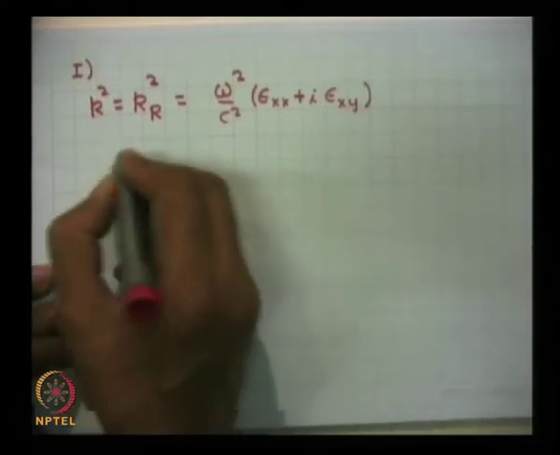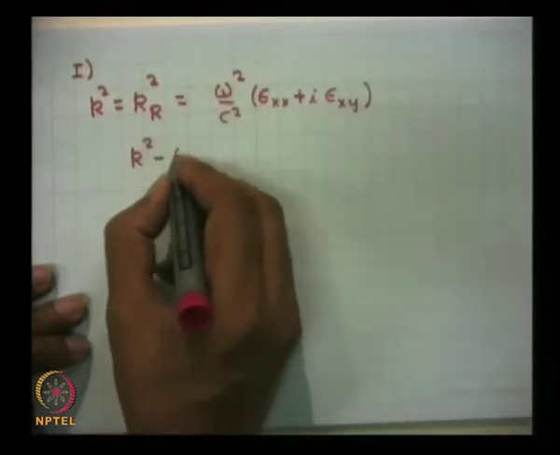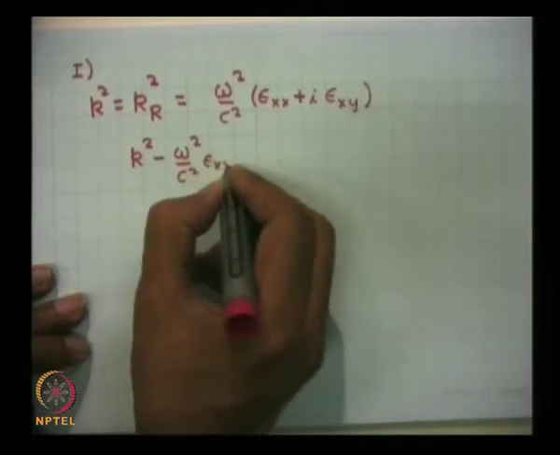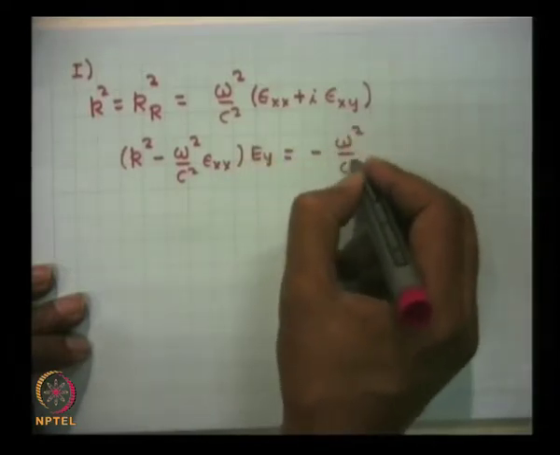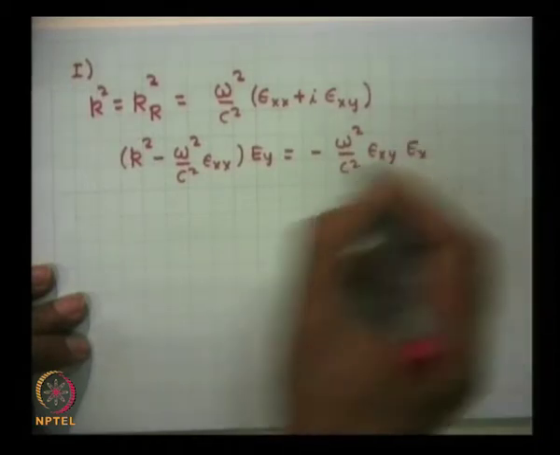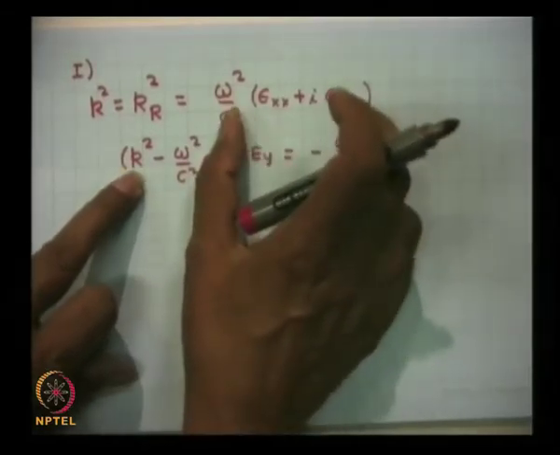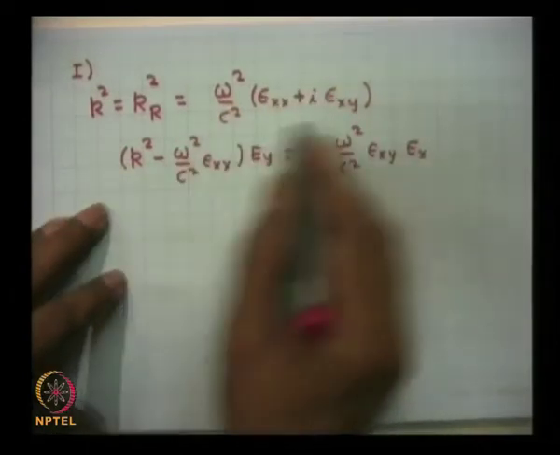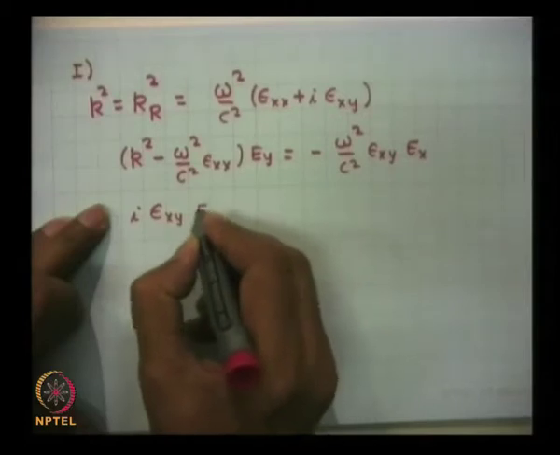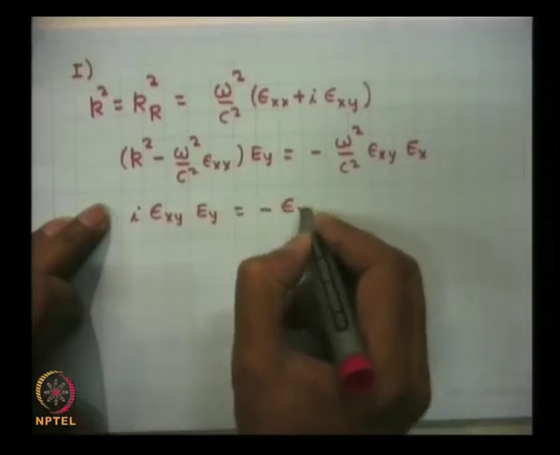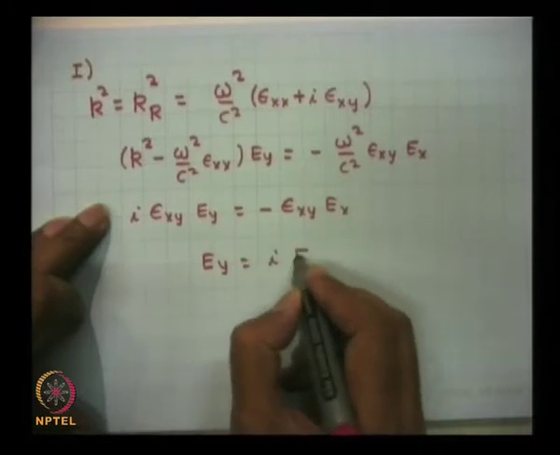For this case, the equation k square minus omega square by c square epsilon xx, Ey, equal to minus omega square by c square epsilon xy Ex, with this value of k square put in, gives i epsilon xy Ey is equal to minus epsilon xy Ex, or Ey is equal to i times Ex.